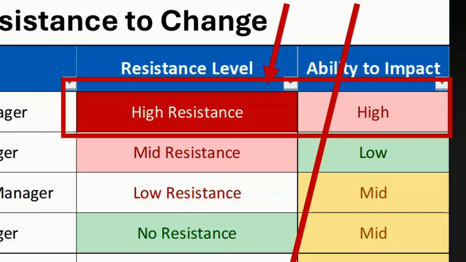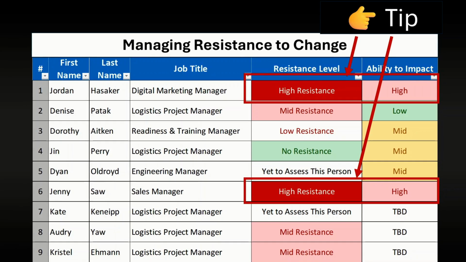This is when a stakeholder, it could be a VP, it could be a senior director, or it could be somebody that is very outspoken. They have a high ability to negatively or positively impact your project. And so when you have a stakeholder with a high level of resistance, who also has a high level of being able to impact your project, then you have a problem.